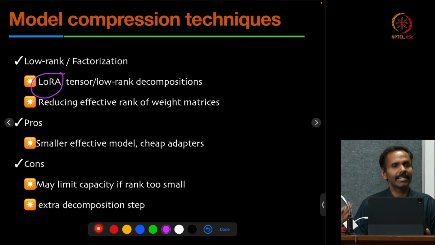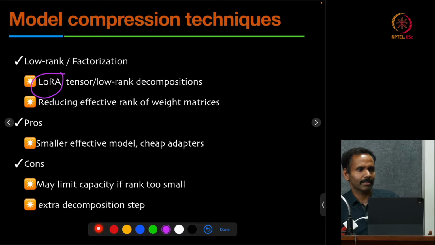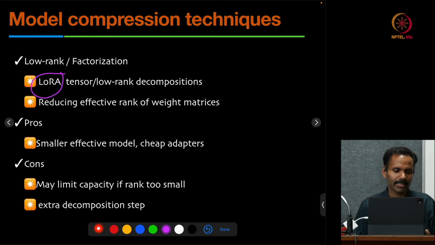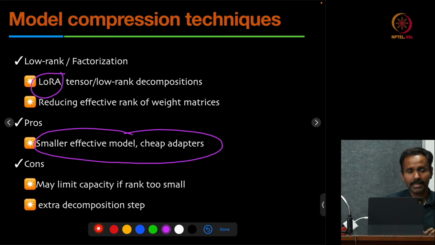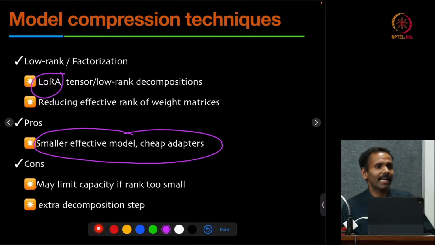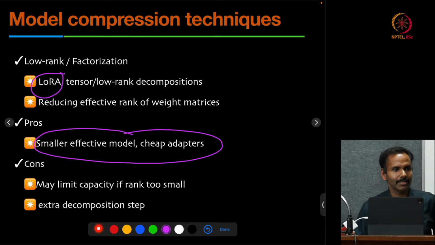You can generate the output matrix multiplications in a much faster way, right? You can use your matrix libraries to perform these low rank computations much faster, and the model is cheaper in terms of compute. It's also in the right direction if you are going to do that kind of adaptation later: if you apply a low rank approximation and then a low rank adaptation, they go better hand in hand.